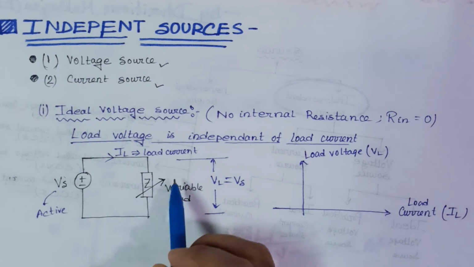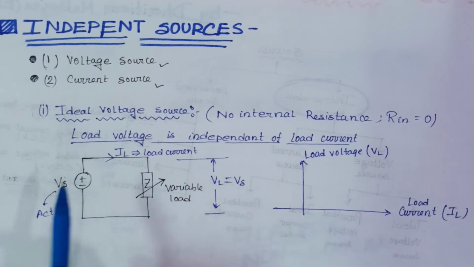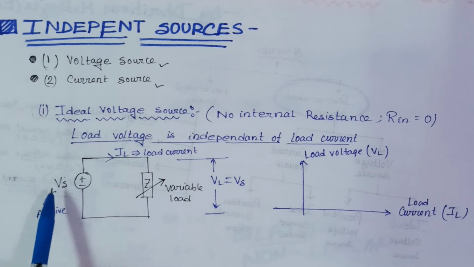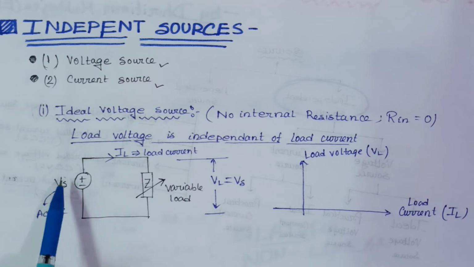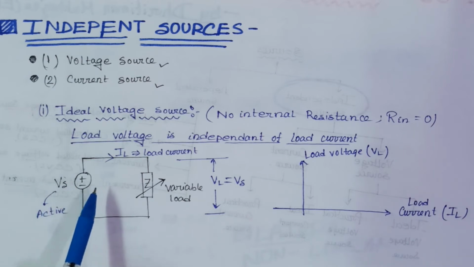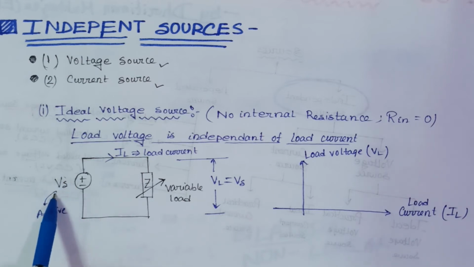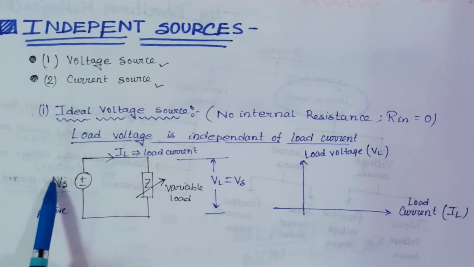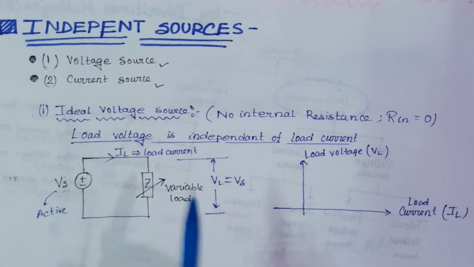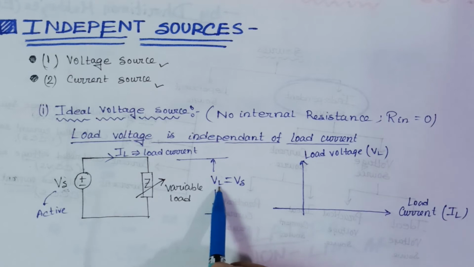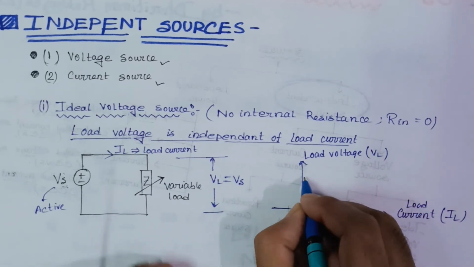No, this Vs is static. The value of impedance is variable, but the value of source voltage is fixed. So if this is fixed, is there any chance of this value being changed? No. So this value of Vs would be constant, and if Vs is constant, certainly the load voltage VL will be constant.